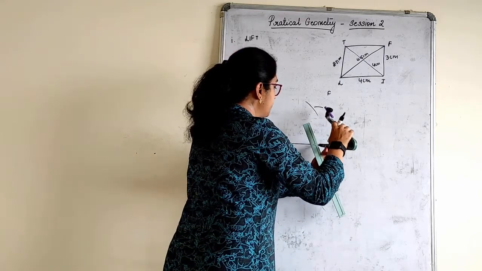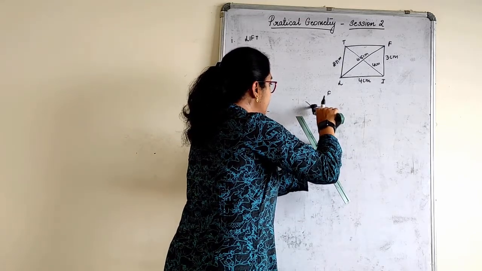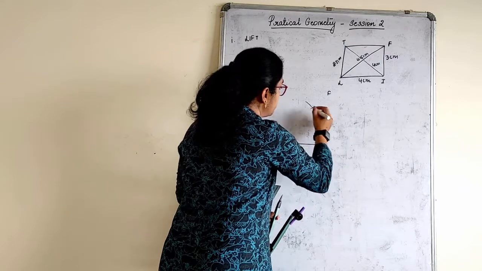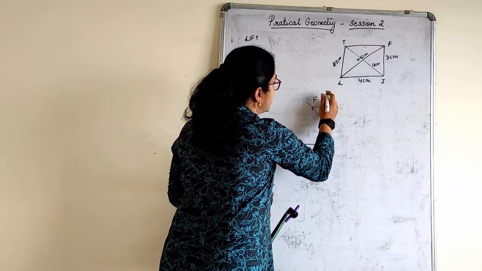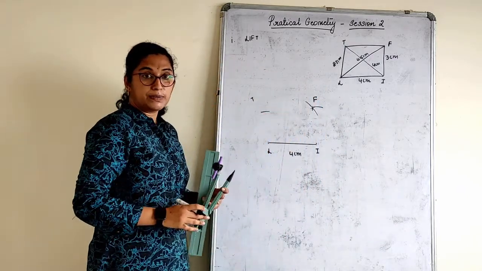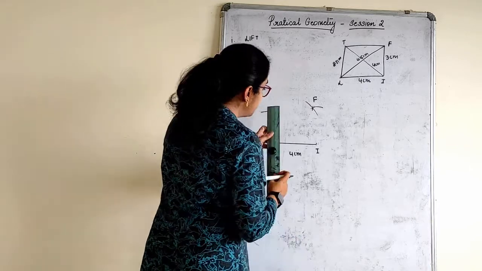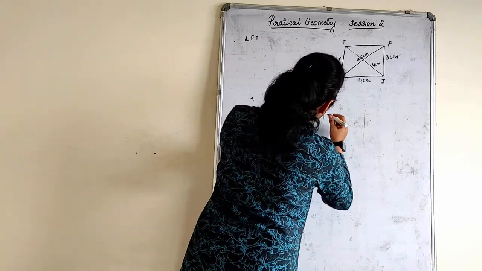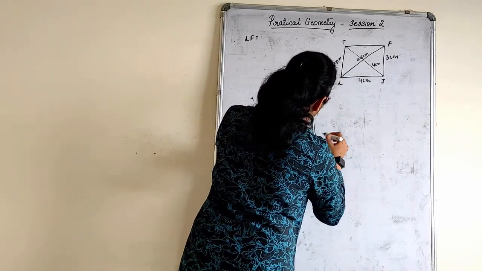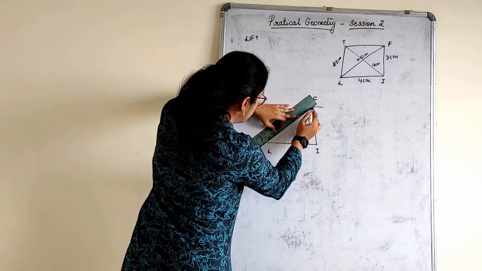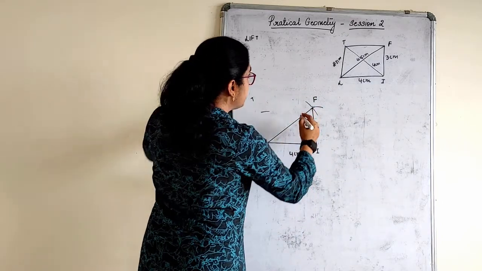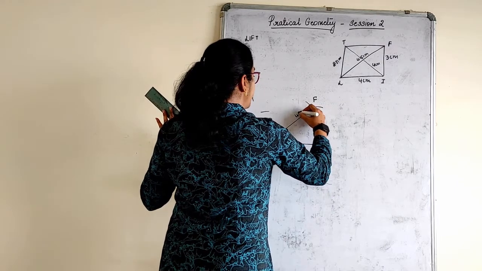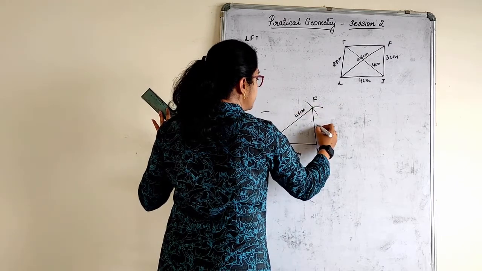So I again bring my compass here and extend this arc up to here. This is my point F. I got my point F. Let me first join and finish this. This is the diagonal. Let me also mention 4.5 centimeter and 3 centimeter.